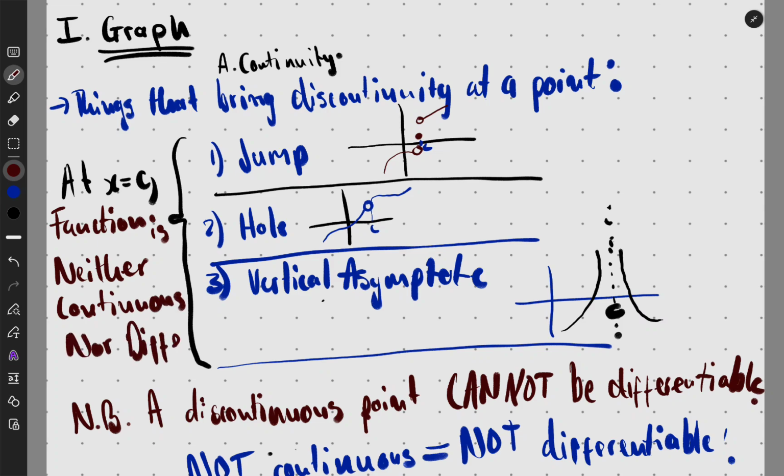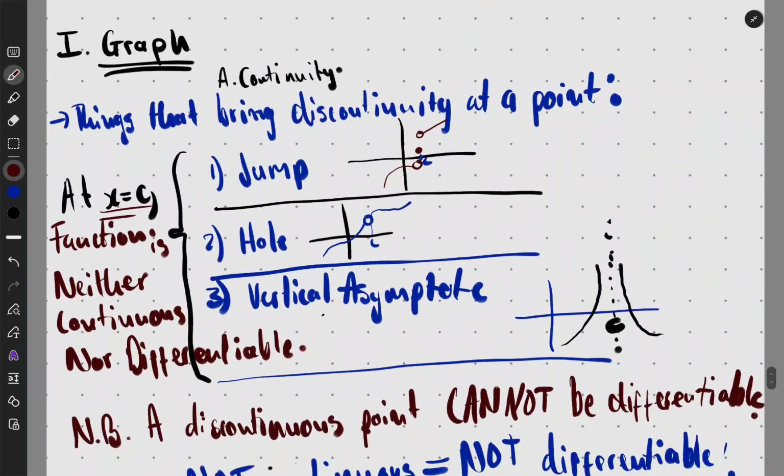So these are the things that make it not continuous, and if it's not continuous, it can't be differentiable. So it is neither continuous nor differentiable at this point, x equal to c. At x equal to c, not on the whole thing, but exactly at x equal to c, where that thing is there, that is when it's not going to be continuous nor differentiable.